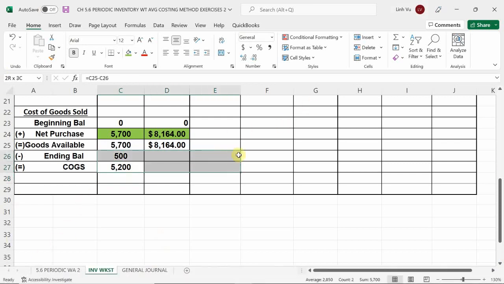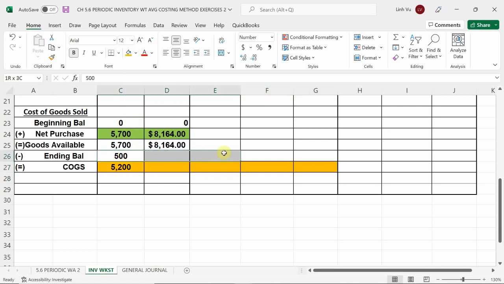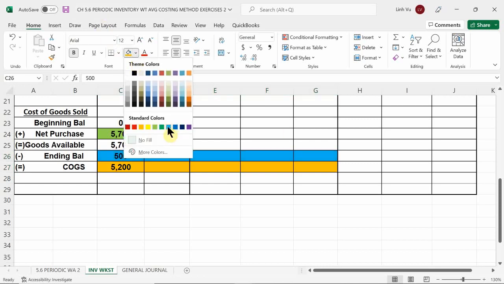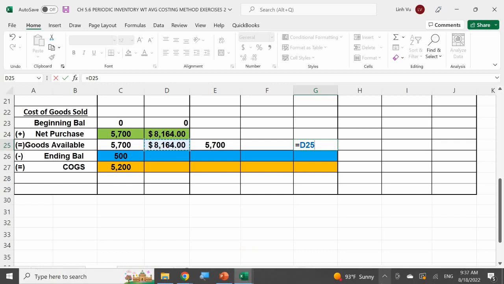So again, I need to solve for three things, right? I need to solve for my cost of goods sold. I need to solve for my ending balance. And I need to also solve for my average cost per item. So in this case, we know for a fact that we have 5,700 units, and its grand total right now is at $8,164.